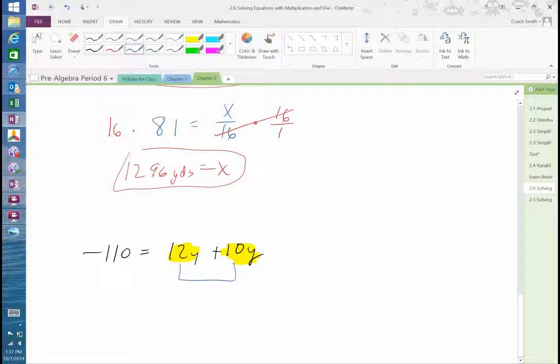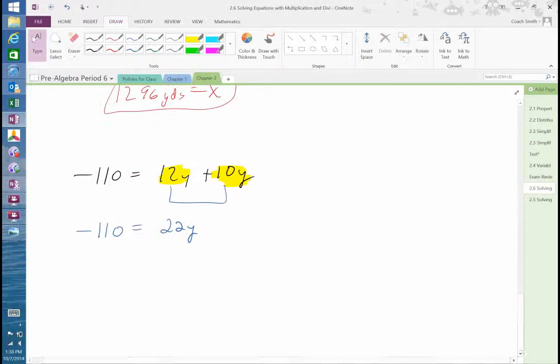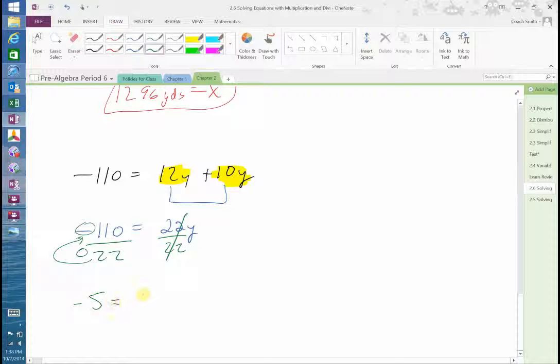What is 12y plus 10y? 22y. So we have negative 110 equals 22y. Now we solve it like the others. We divide by 22 on both sides. It cancels, and I have one negative, one positive. 22 goes into 110 5 times, so y is equal to negative 5.